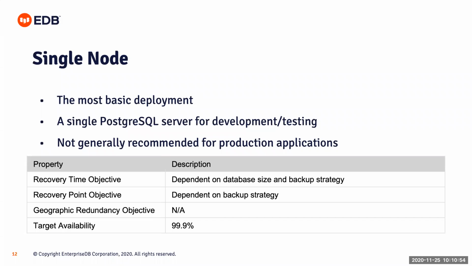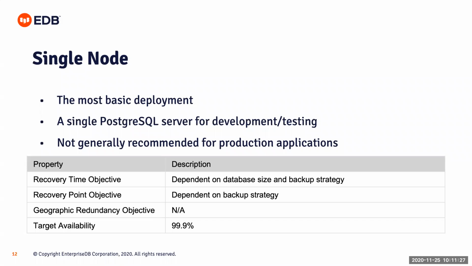In those cases, the database will usually have a script that resets it to a known state with test data inside it. So if you lose the database or the server running it, you can just set up another server and reset the database on there, and you're off again with your development or testing. As already stated, this is not recommended for production.